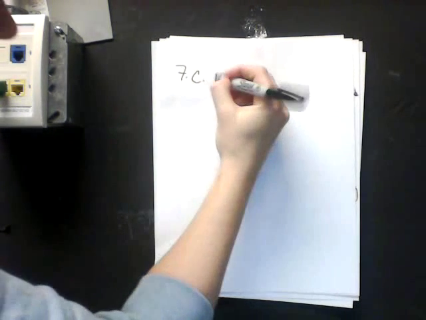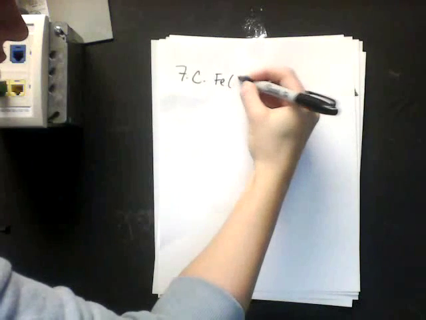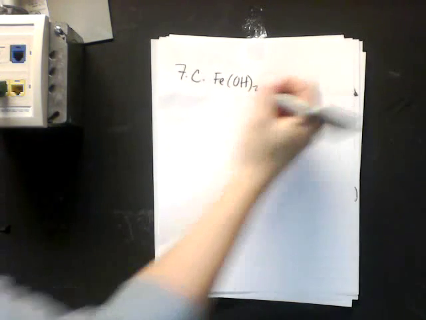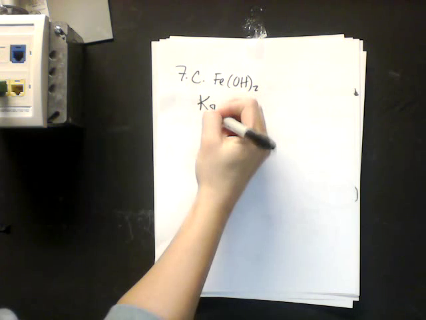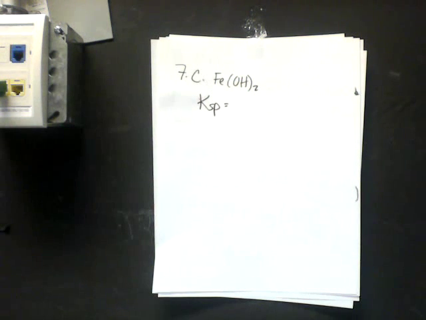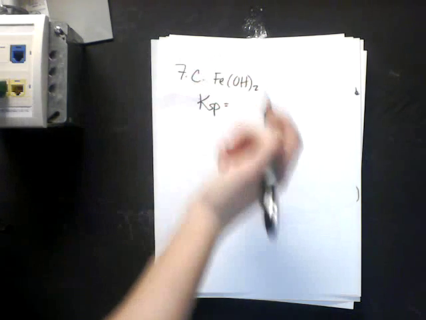So 7C is iron hydroxide. Writing a Ksp, a solubility product constant, for this is just splitting it into its ions. It's very similar to Ka and Kb, except here we obviously don't have products over reactants. We just have one molecule.